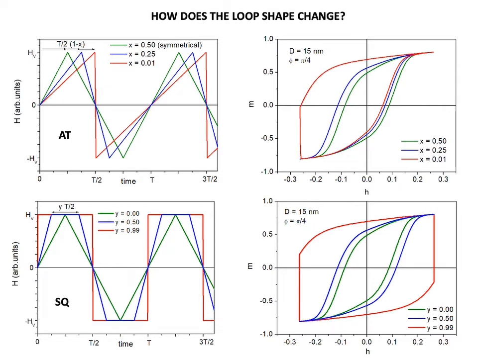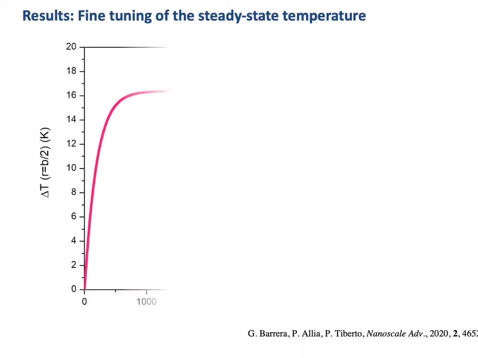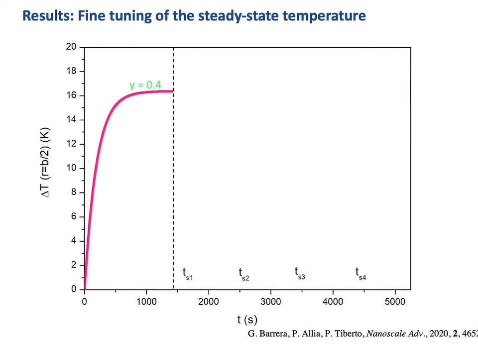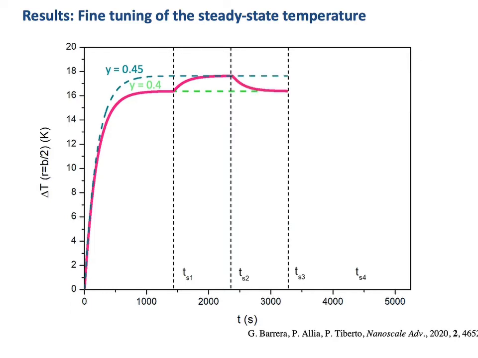Let's see then how we can tune the steady state temperature reached by the nanoparticles in our host medium by simply changing the exciting waveform. This is for value 0.4. Then if we slightly change this value to 0.45, we can go there.